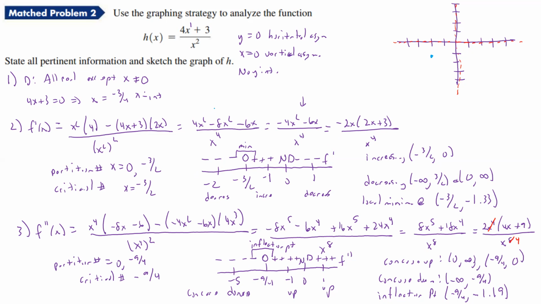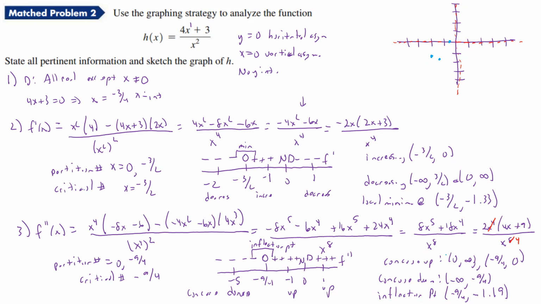Oh, we have the local minimum. We had that -1.5 and -1.3. So that was the lowest point, a little bit lower than this one. And if we had -3 fourths, 0, that would be another one.